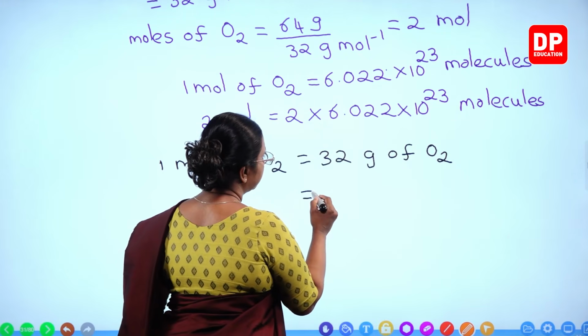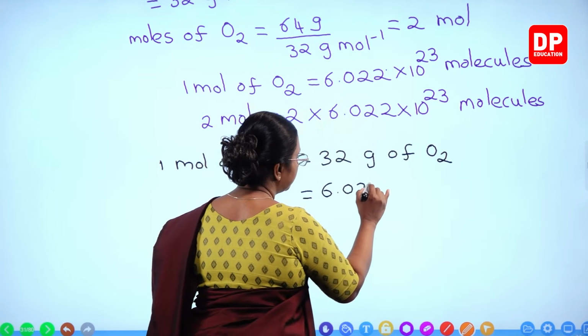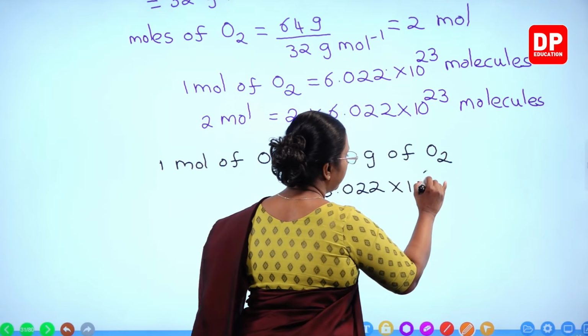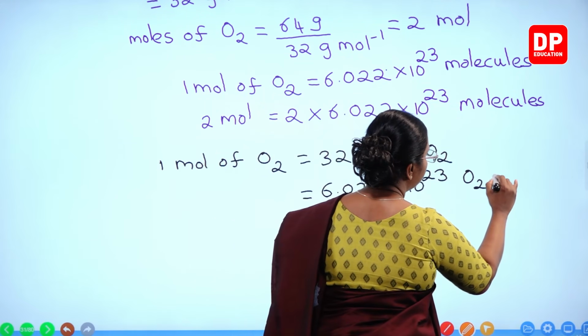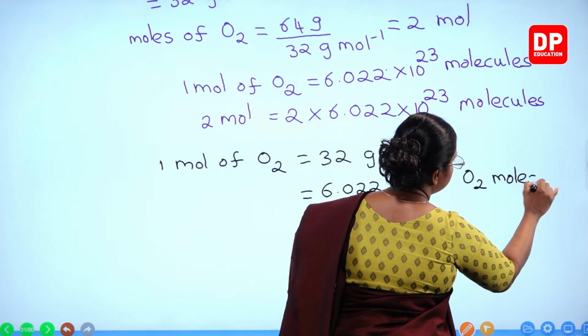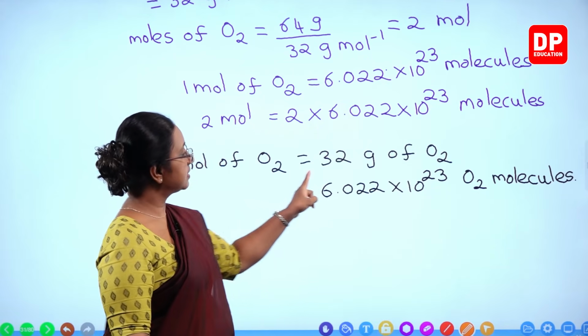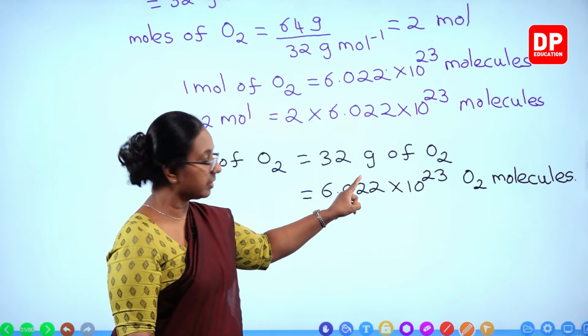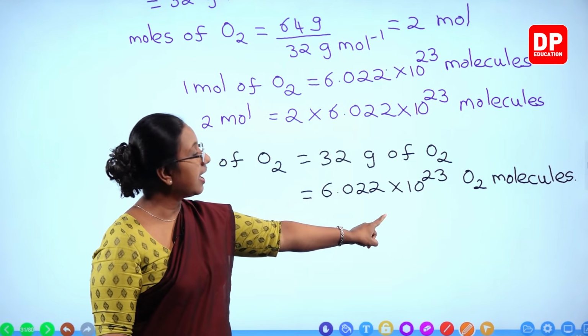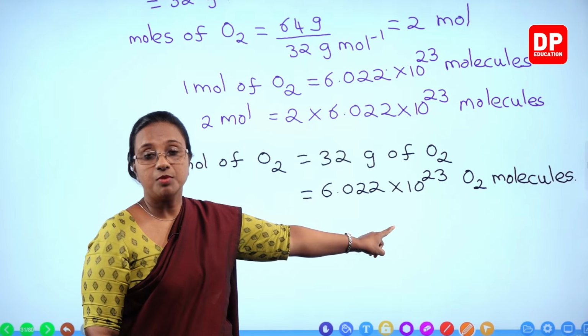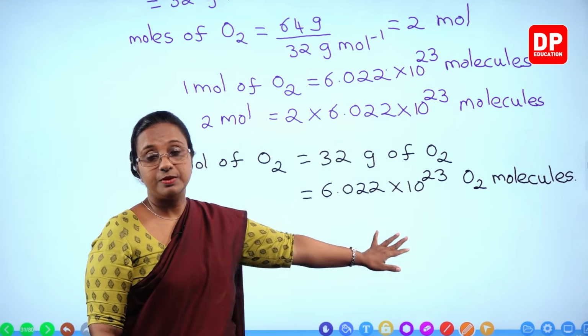That is equal to 6.022 into 10 to the power of 23 O2 molecules. Is this okay? 1 mole means 32 grams of oxygen gas, and that has Avogadro number of oxygen molecules, what we understood before.